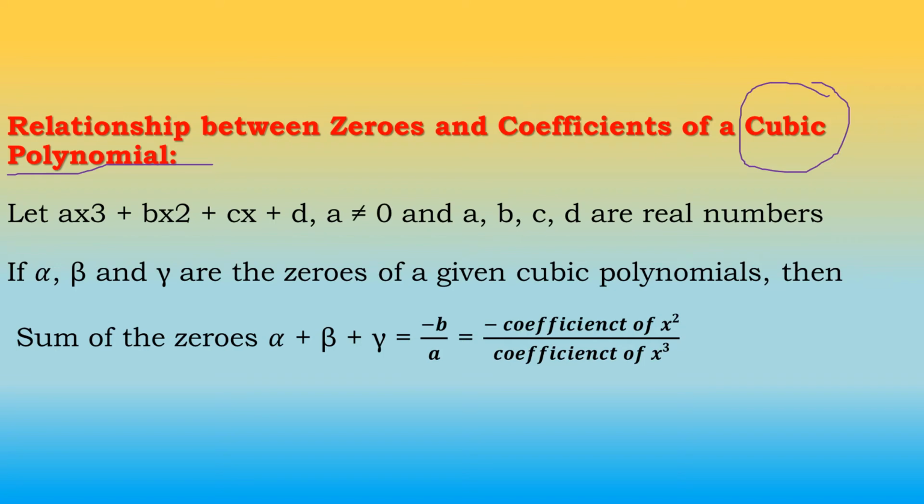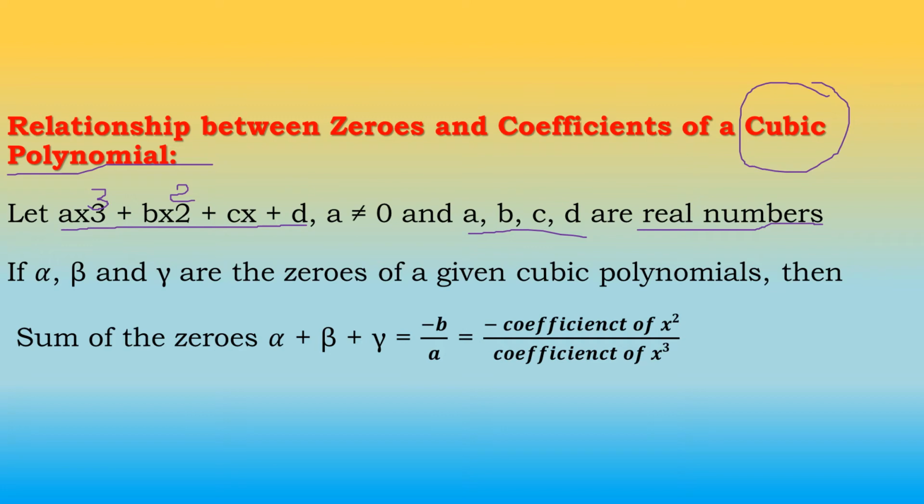As we know, the general form of a cubic polynomial is ax cube plus bx square plus cx plus d, where a is not equal to 0 and a, b, c, d are real numbers.